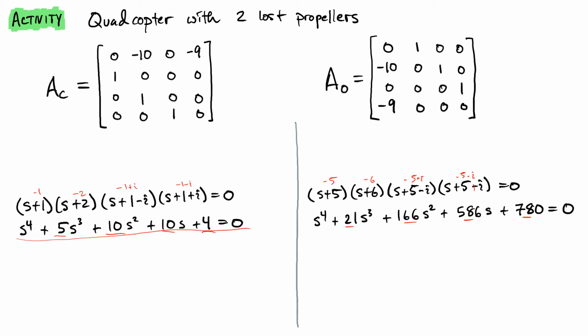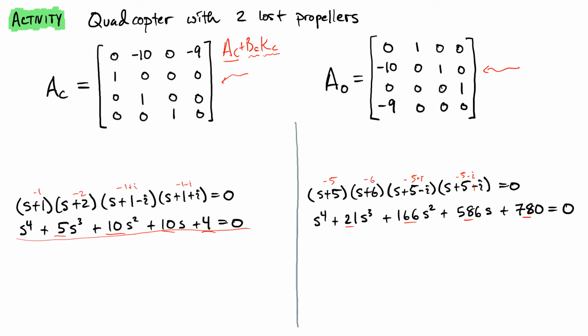So now we're going to write down the characteristic equation of essentially AC plus BC KC. So again, this is our new controllable canonical form A matrix, our controllable canonical form B matrix, and our controller gain matrix in this controllable canonical form.